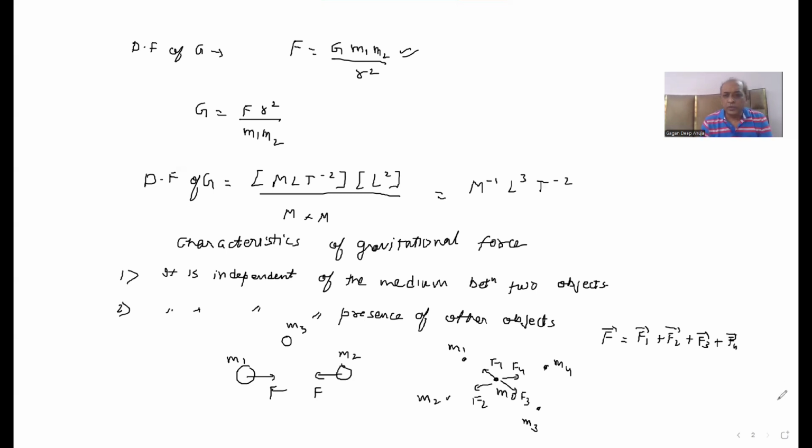Now coming back to the Newton law of gravitation, another characteristic of gravitational force is that it is independent of the nature and size of bodies, as long as their mass remains the same and the distance between their centers is also fixed.